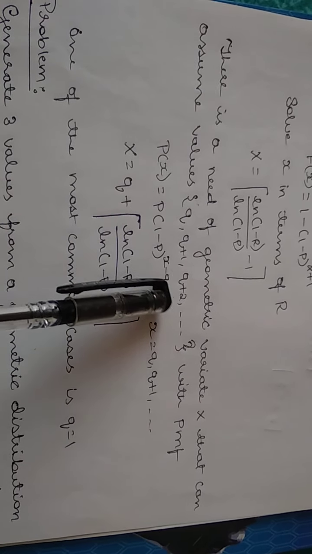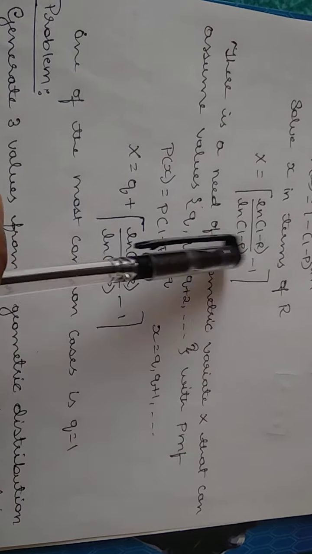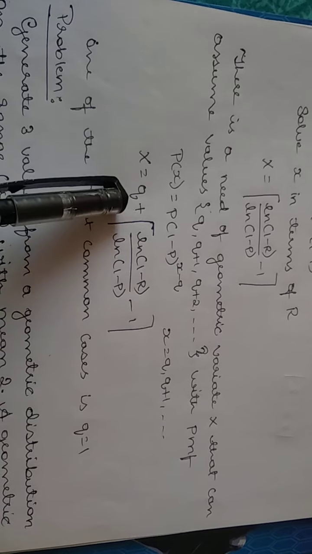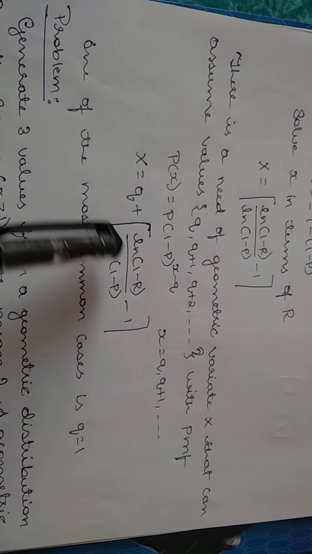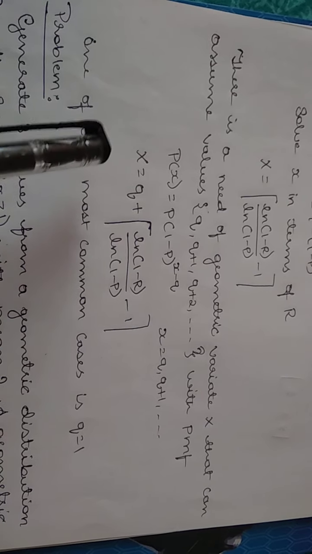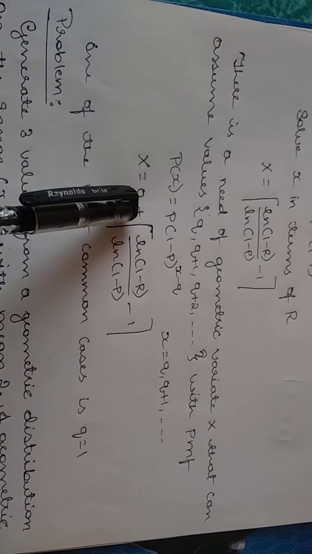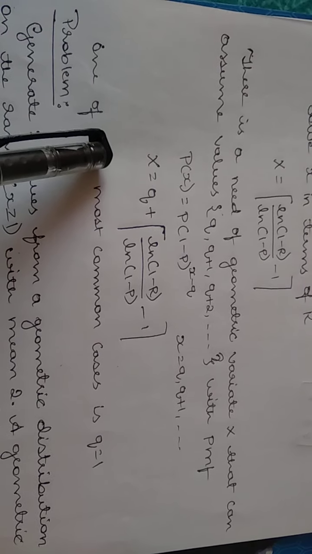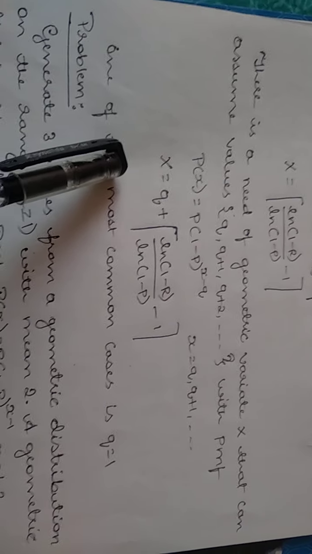In order to do that, you just add q to this formula. So I'll rewrite this with geometric variate q, that is x is equal to q plus ln of (1 minus r) divided by ln of (1 minus p), minus 1. In most of the cases q will be equal to 1. This is the standard formula for your geometric distribution, discrete distribution.